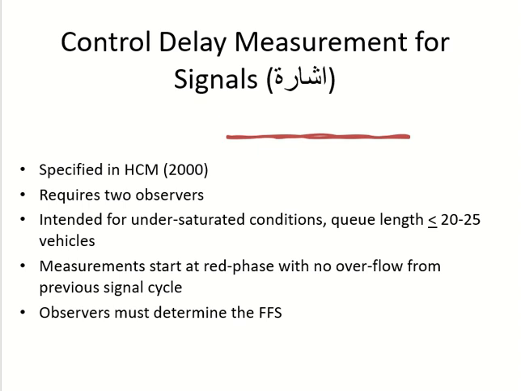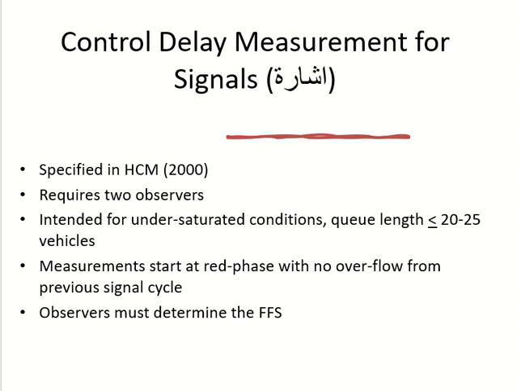At that point you can get the free flow speed. Just keep in mind, the studies we do for free flow speed are called speed studies. So the first thing you need to find out is the free flow speed, either at the intersection or before that.